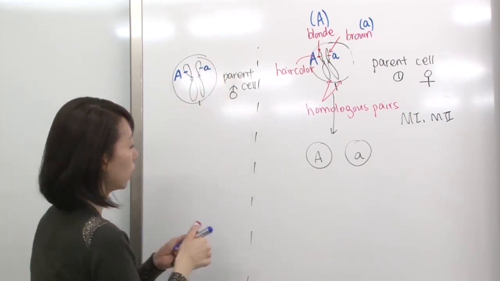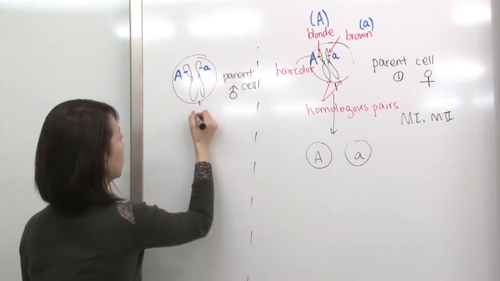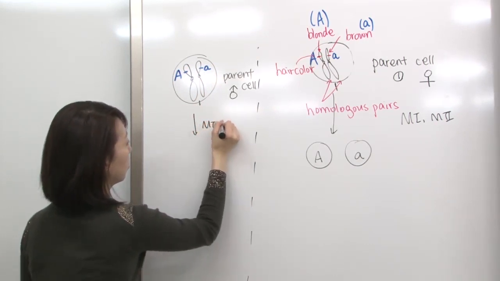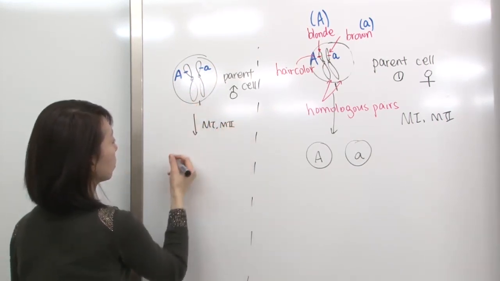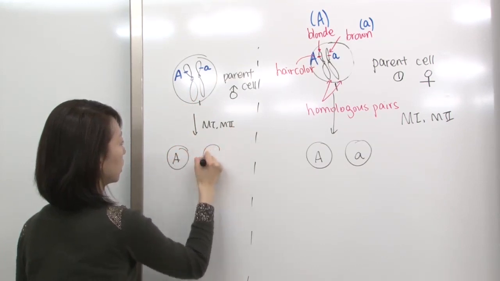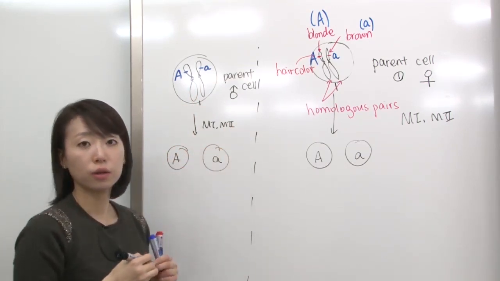If this goes through meiosis like this, it is also going to produce gametes like this.